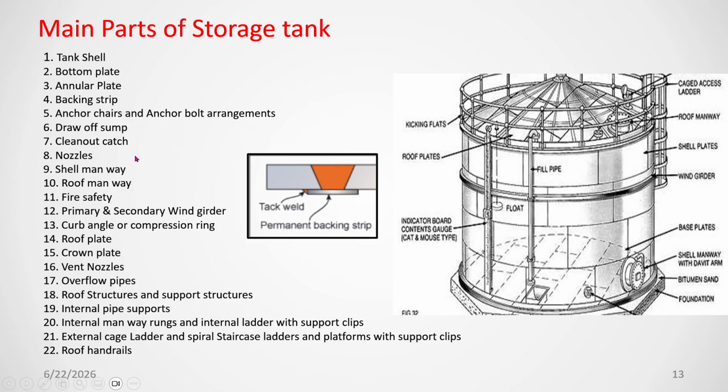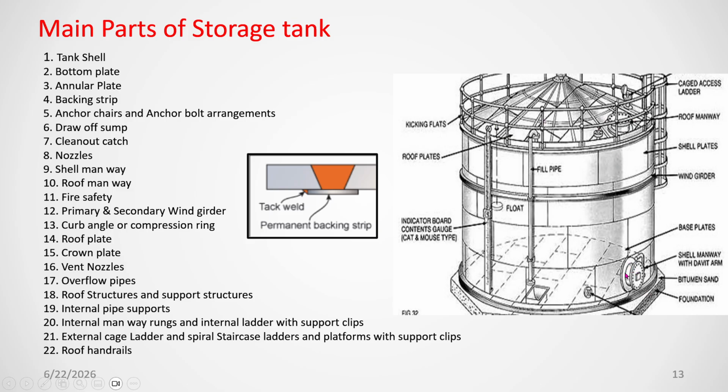Cleanout catch: when you draw off the sump outside, it can go to the trench. There will be some strainer; that is called the cleanout catch. Nozzles are there. You see, these are all the nozzles provided on the tank. These are all the manholes.